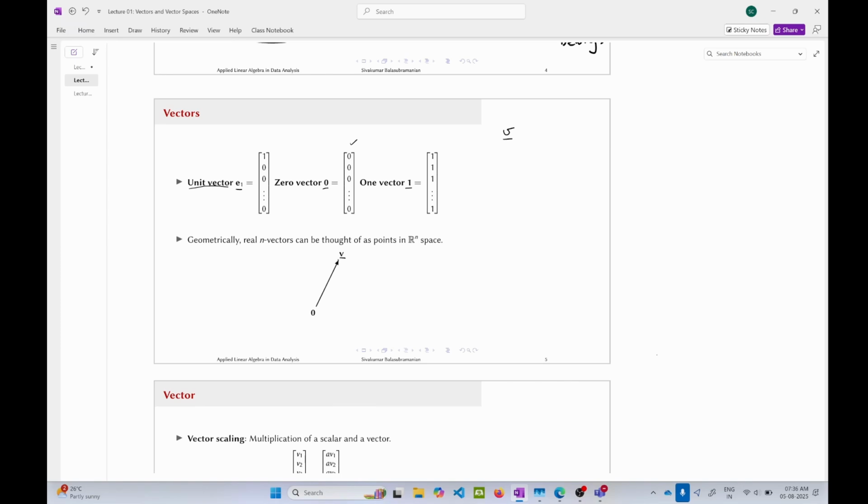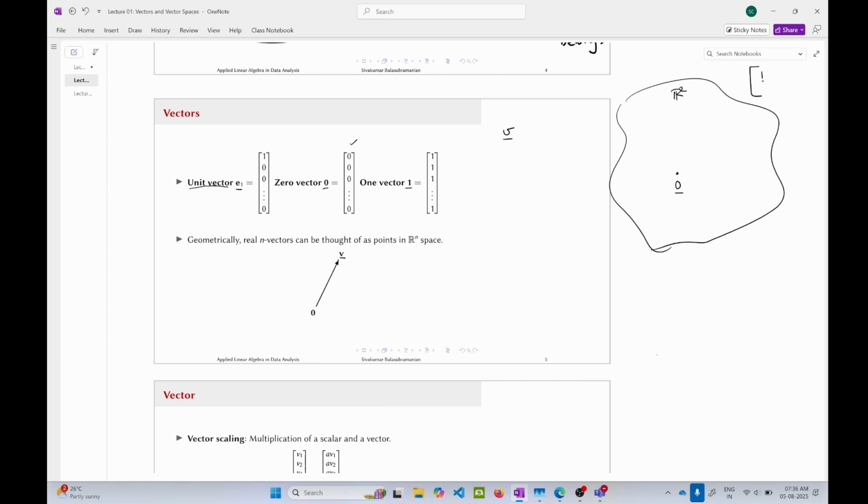For example, if you have R2, which is a plane, you choose some point arbitrarily, you're free to choose, as the zero vector. Once you've chosen the zero vector, every other R2 vector can now be represented by an arrow with a certain length and pointing in a certain direction.